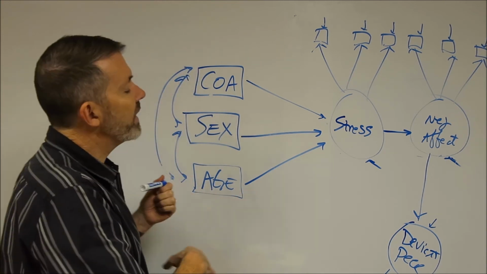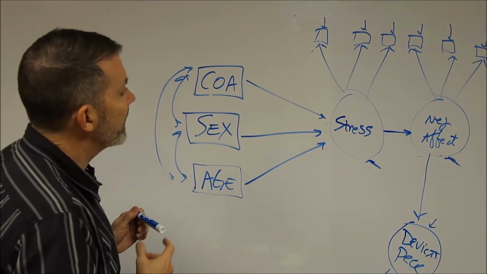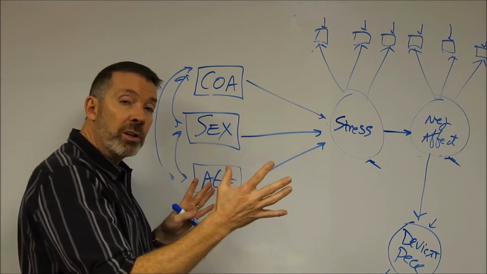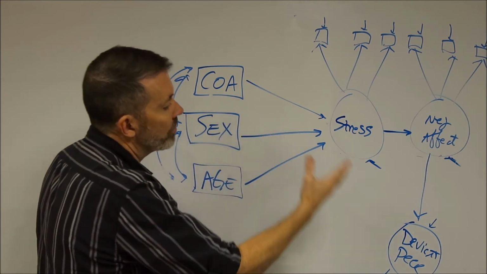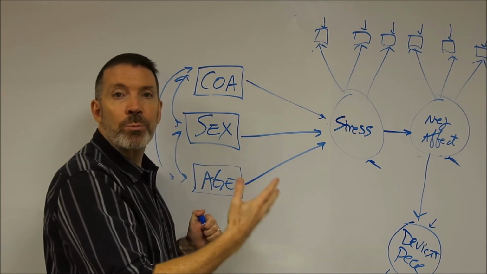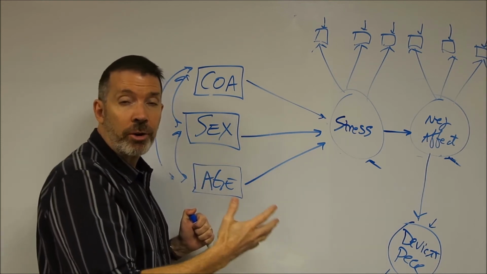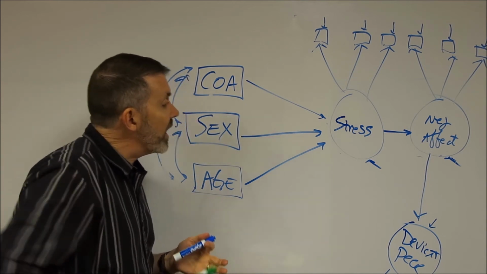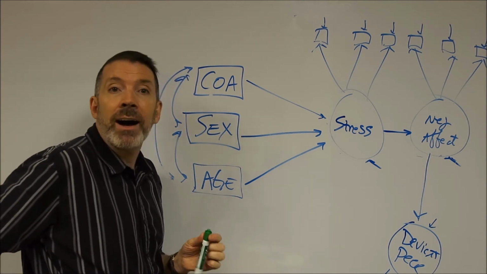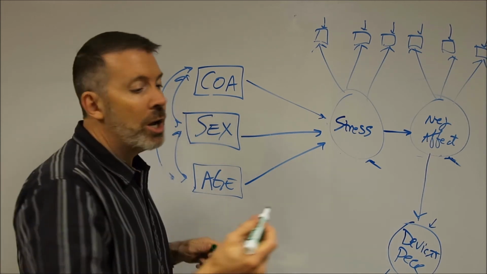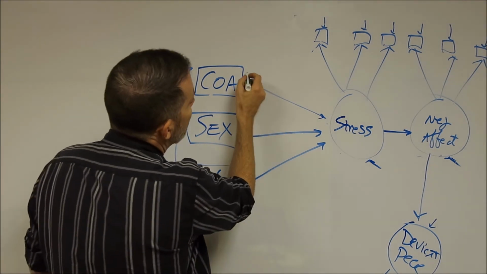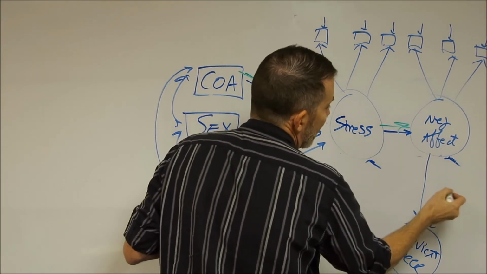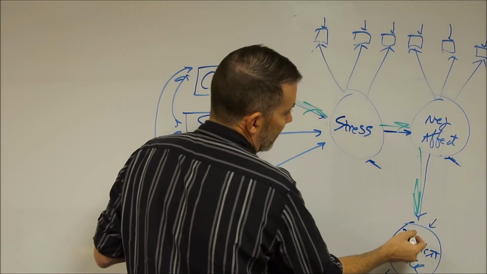So we can consider potential respecifications, and then when we've established, hopefully, that the parameterization of our model is adequately reproducing the characteristics of our observed data, then we can do what we did before and ask, can we evaluate mediating mechanisms? So we could test an indirect effect of COA to stress to negative affect to deviant peer affiliations.